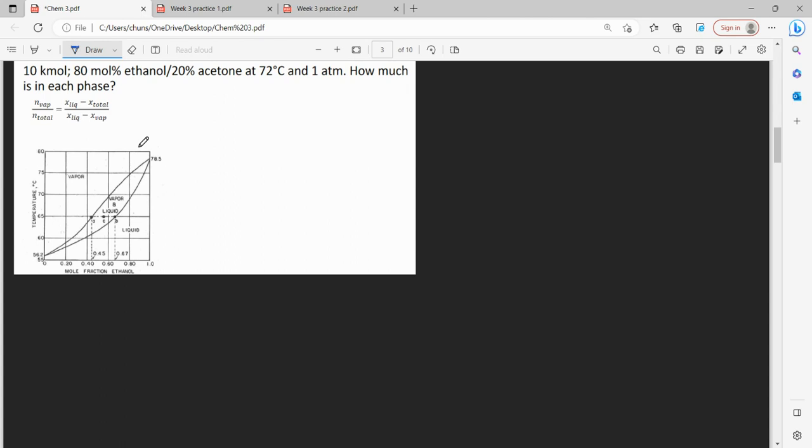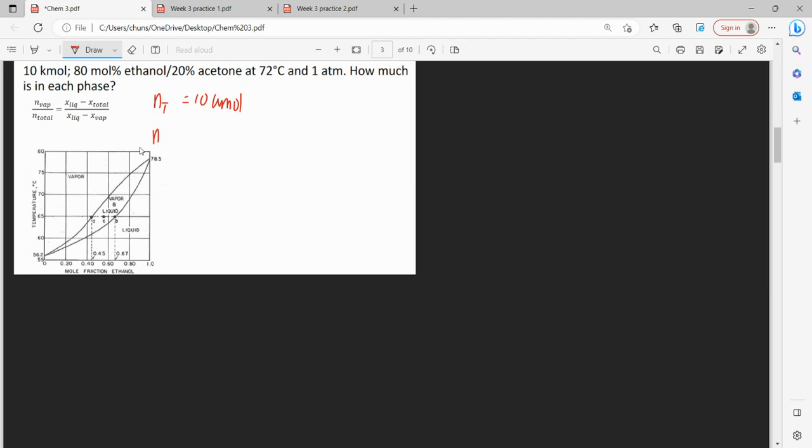Okay, so let's say you had 10 kilomoles total, 80% of which is ethanol and 20% of which is acetone at 72 degrees. Let's find our mole amounts. Our total moles is 10 kilomoles.